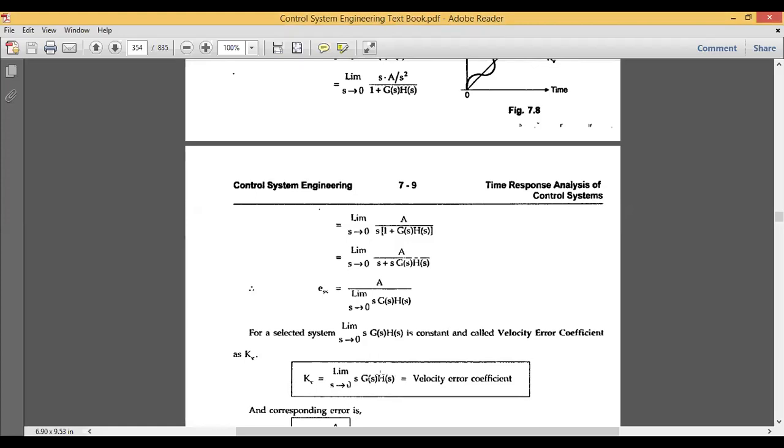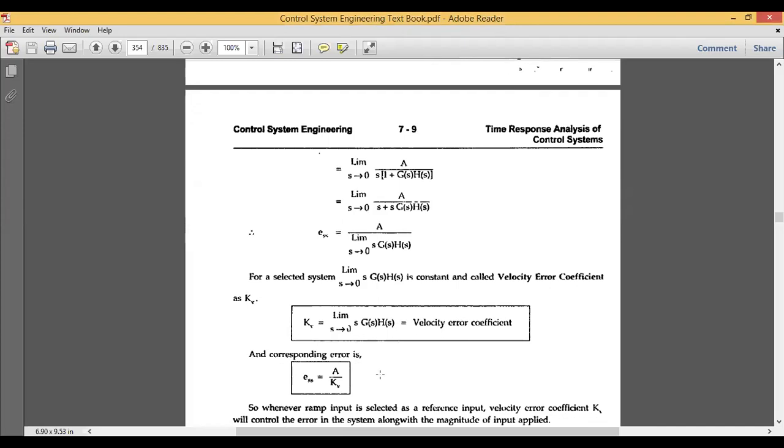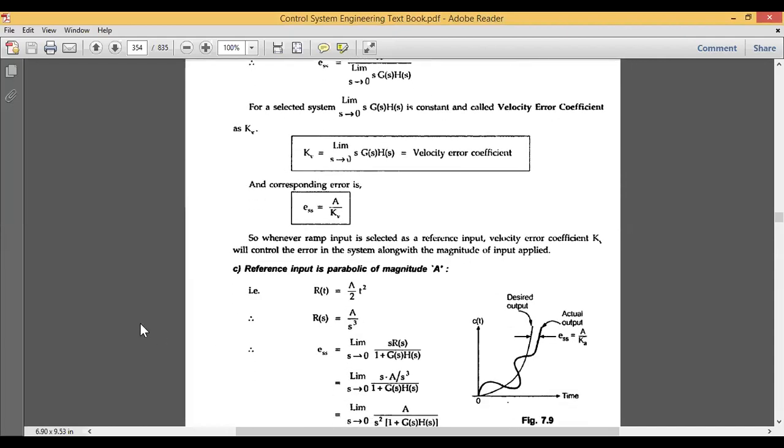The modified equation for ESS becomes A divided by Kv. So this is the derivation if the input to the control system is a ramp signal.